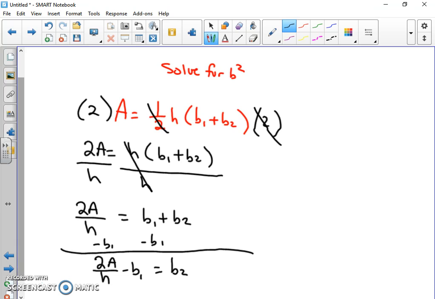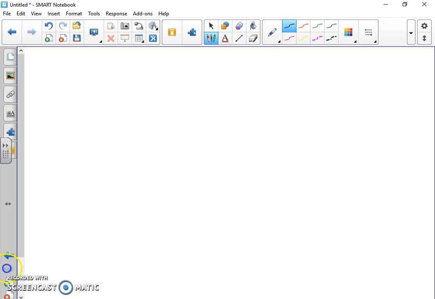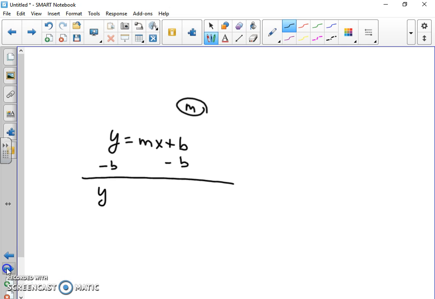Okay, we've got about 4 more and that's it. Okay, so the next one is y equals mx plus b, and we're going to solve this one for m. So let's subtract b. So you have y minus b equals mx. Divide both sides by x so we can get m by itself.